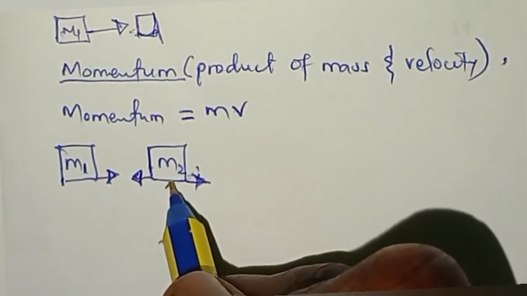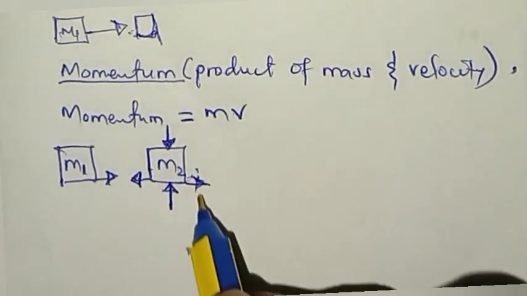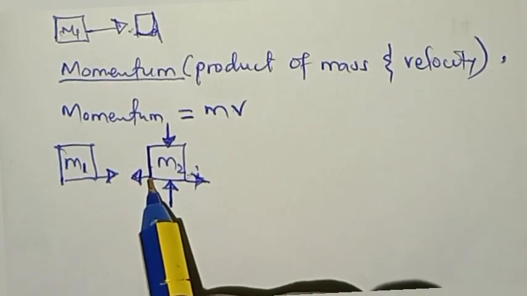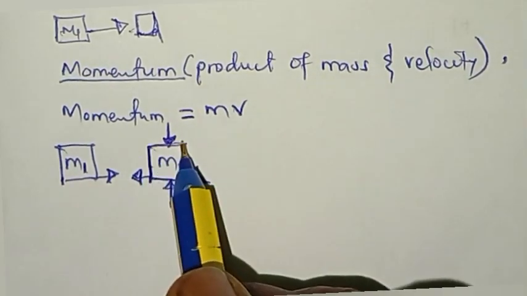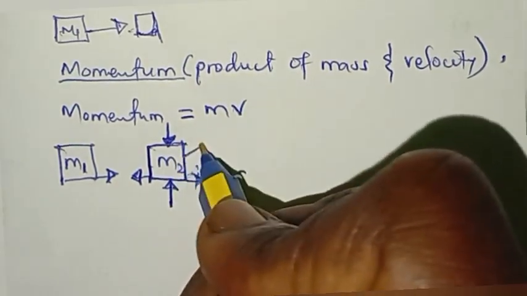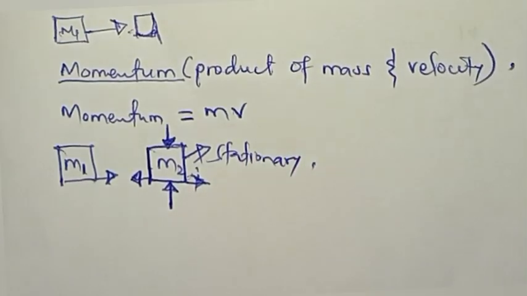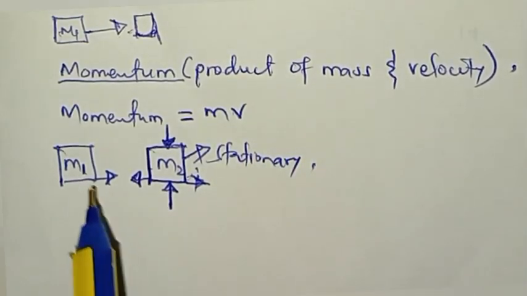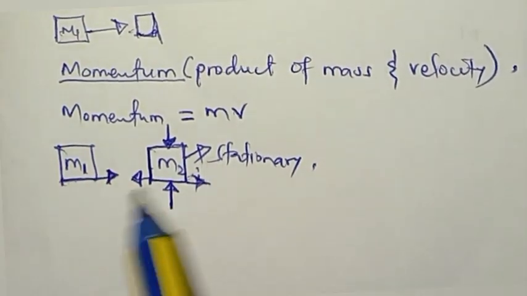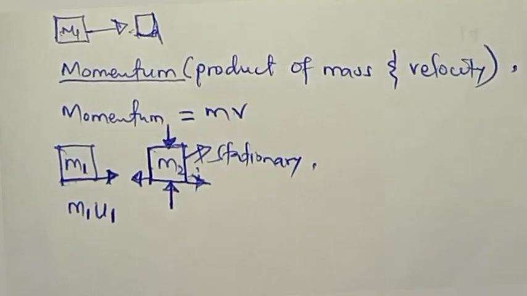Now, when a body is at equilibrium, forces act on it, but the forces make it remain at a constant level. The forces holding this body are equal, so it is stationary. So the momentum of this body, since it is in motion, is m1 u1.